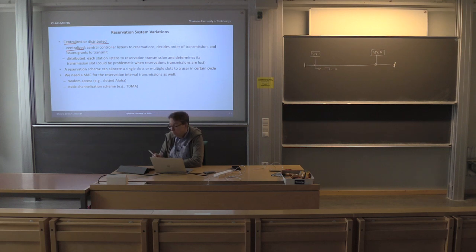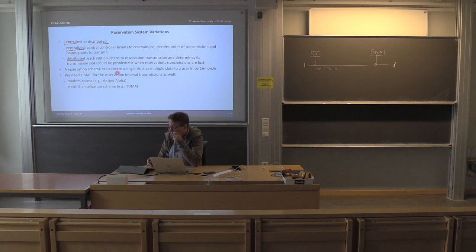Then we have distributed, where each station listens to the reservation transmissions and then determines its transmission slot according to, say, its ID. It knows in which order things will happen. This could be problematic when reservation transmissions are lost somehow, of course. But there are other problems with this.